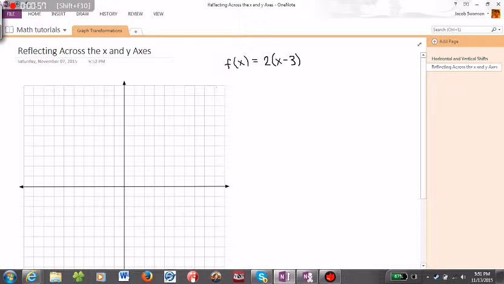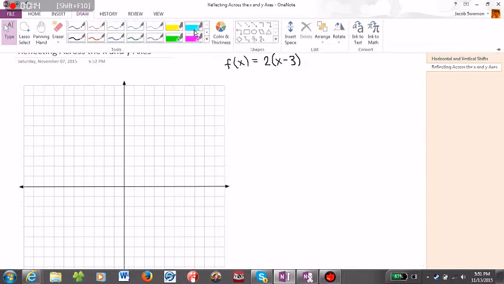So to draw this line, it's the regular line of 2x, but it's going to go to the right 3 units. So it's going to cross at the point 3 comma 0.